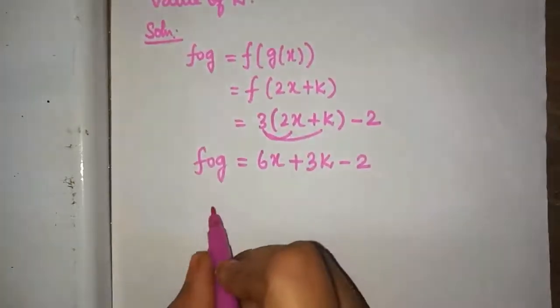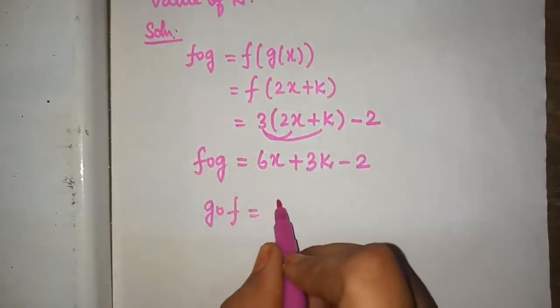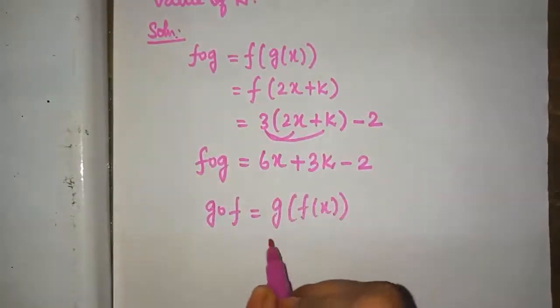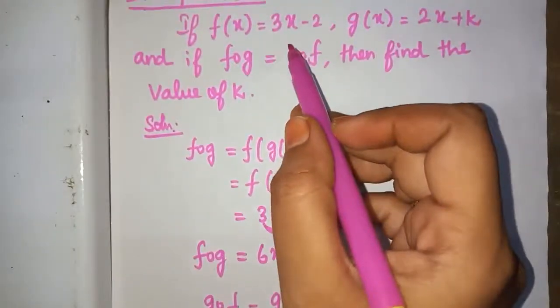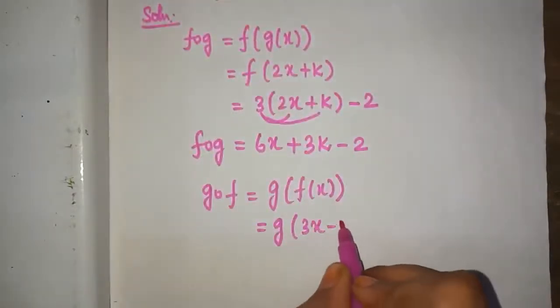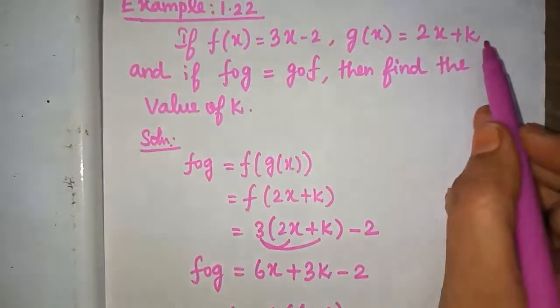Next you have to find g composite f, which is nothing but g of f of x, where f of x value is 3x minus 2. So here you have to write 3x minus 2. Next, g of x is equal to 2x plus k.